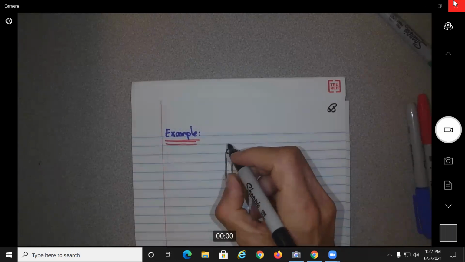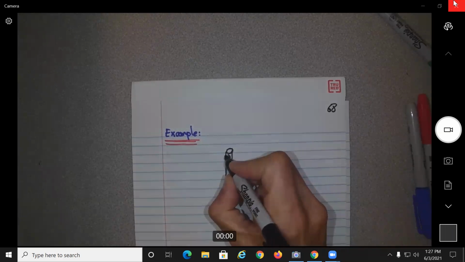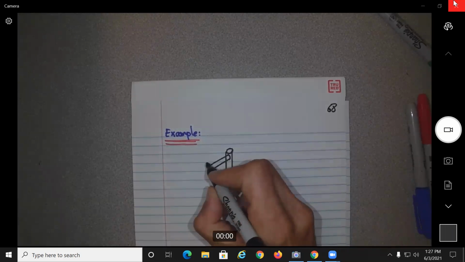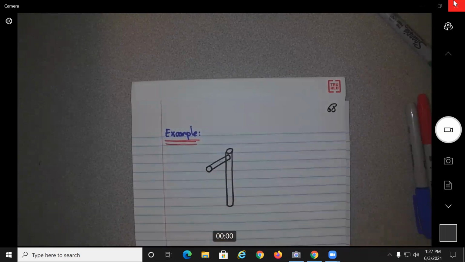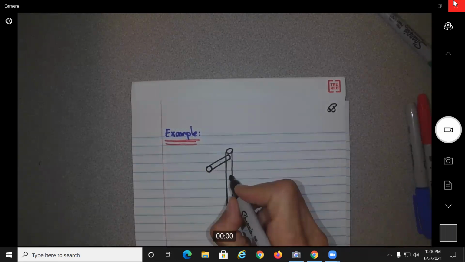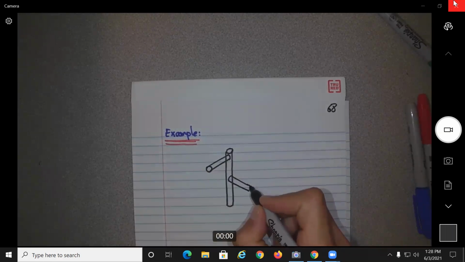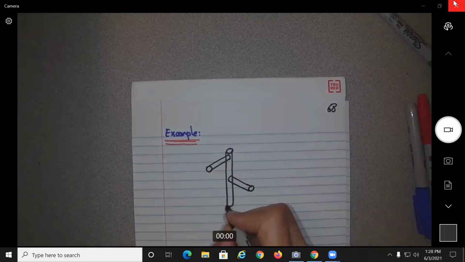Then on this side of the tube, you weld another one over here. And then on this side of the tube here, around here, you put another one. Like this.